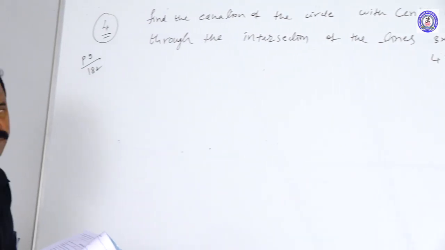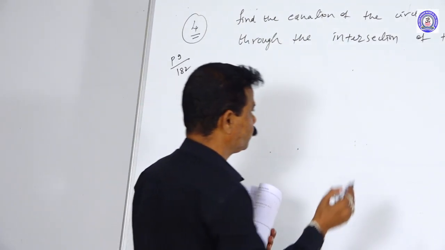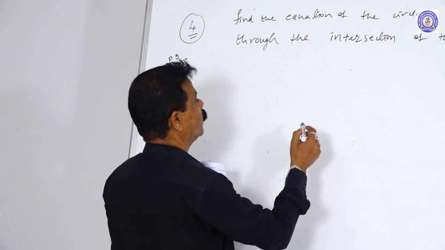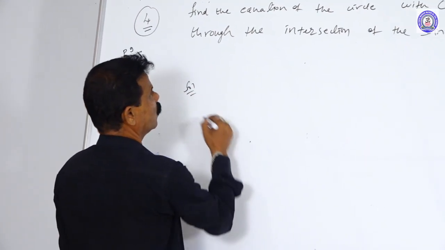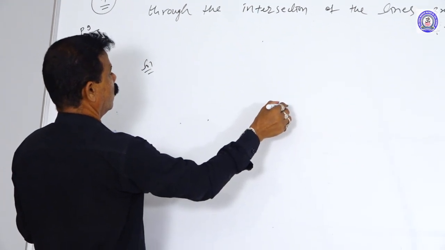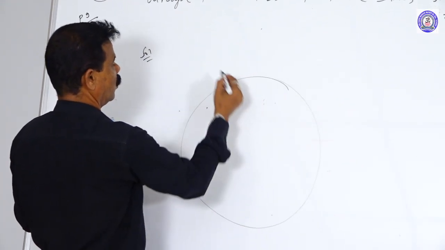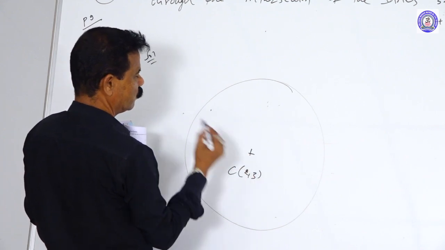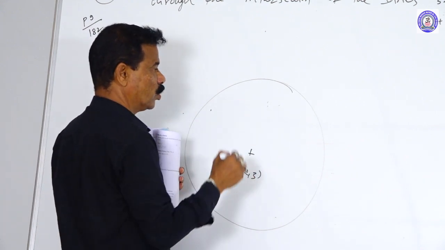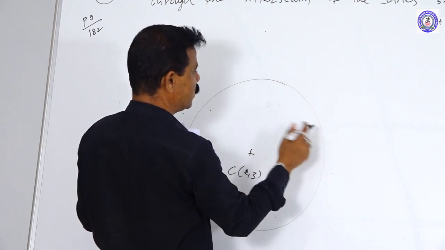Center is given, radius is not given. So according to this data, this is the center 2, 3. The two lines intersect on the circle.